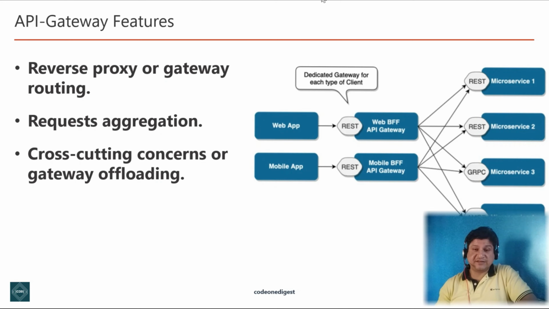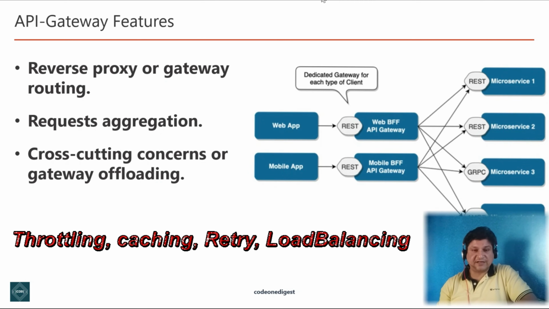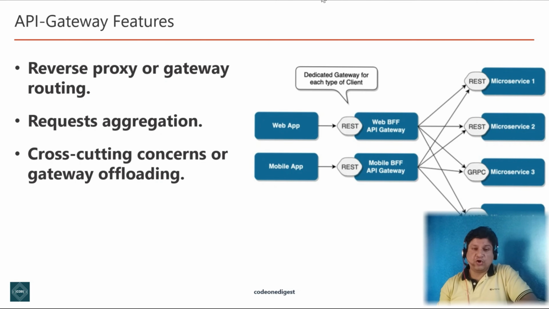This approach is especially convenient for specialized features that can be complex to implement properly in every internal microservice, such as authentication, authorization, service discovery integration, response caching, retry policy, circuit breaker, QoS, rate limiting, throttling, load balancing, logging and tracing, header query, and so on.